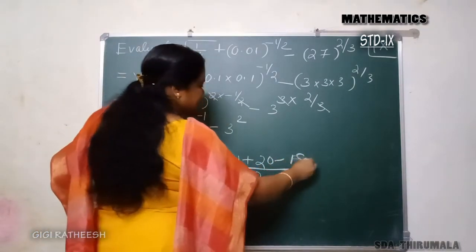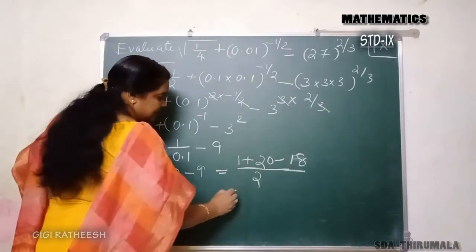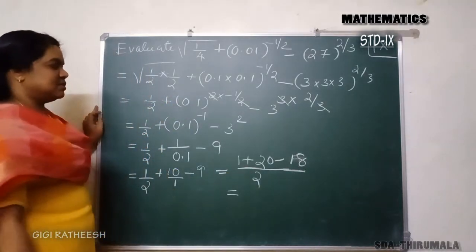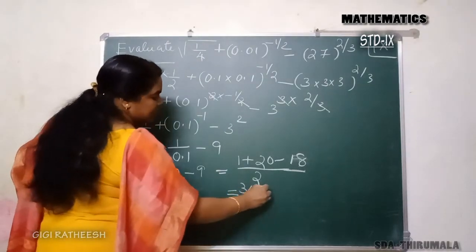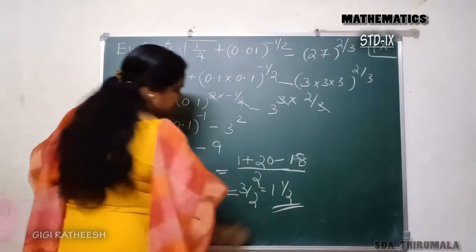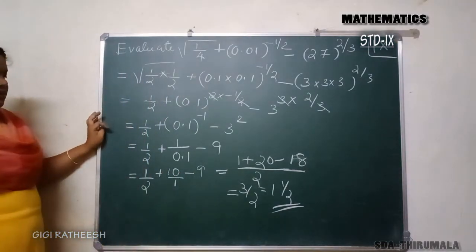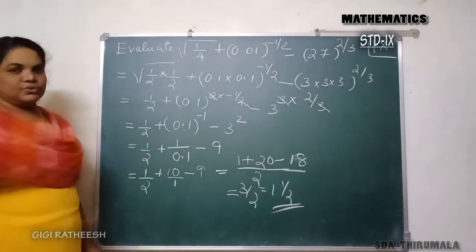We get the value 1 plus 20 minus 18 is equal to 3 by 2. 3 by 2 is equal to 1 and 1 by 2. This is the answer.